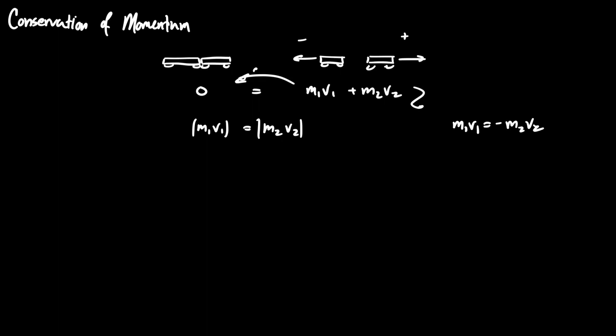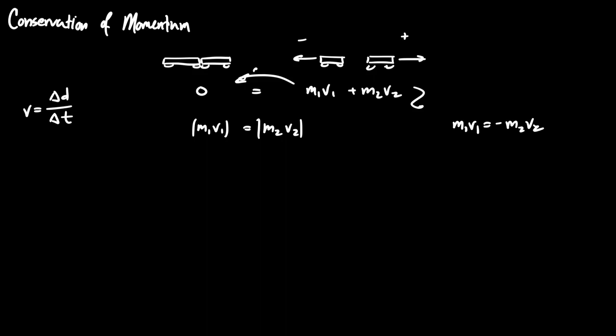That's an important assumption. We assume the cars were not accelerating after they left each other. If they left at a constant velocity, then the velocity of the car is the distance it traveled divided by how long it took to get there. If there's no acceleration, that's the definition of velocity.